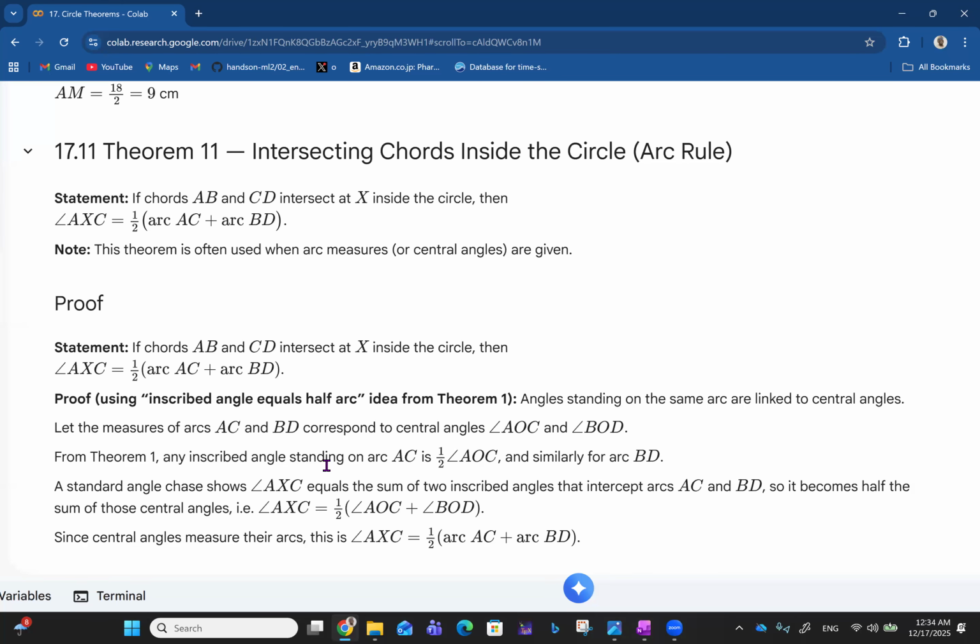From theorem 1, any inscribed angle standing on arc AC is half AOC, and similarly for arc BD. A standard angle chase shows angle AXC equals the sum of two inscribed angles that intercept AC and BD. So it becomes half of the sum of the two central angles. Since central angles measure their arcs, angle AXC is half arc AC plus arc BD.